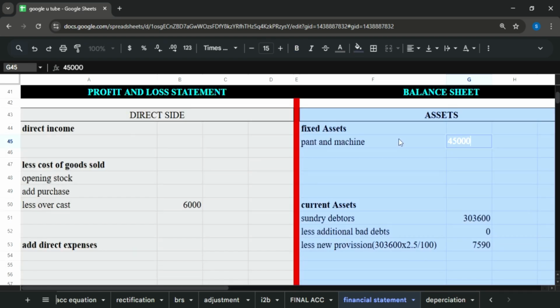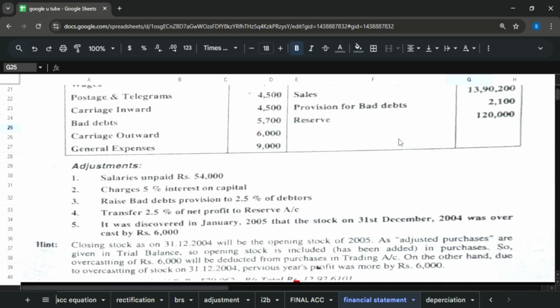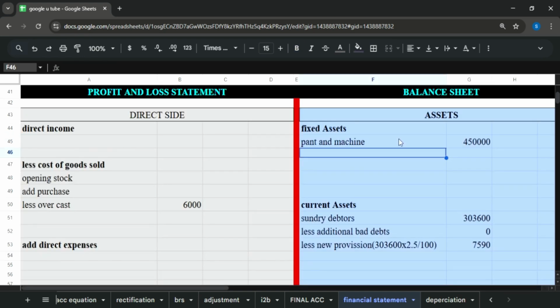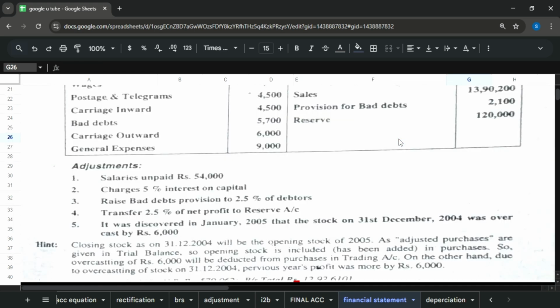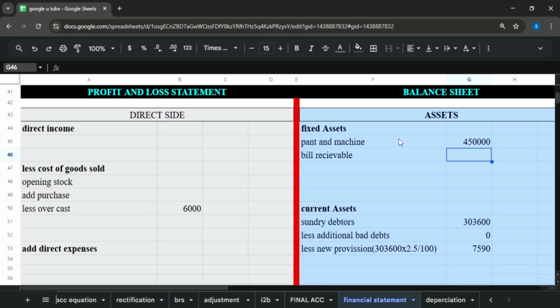Write it down, 450,000. The next is bills receivable. So here you will write bills receivable. The amount of bills receivable is 30,000. So put 30,000 over here.